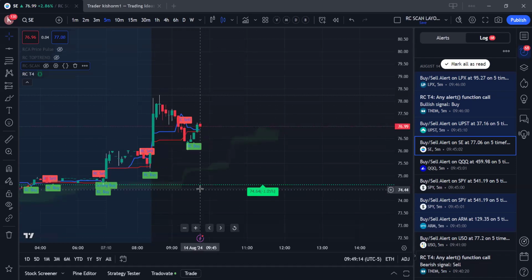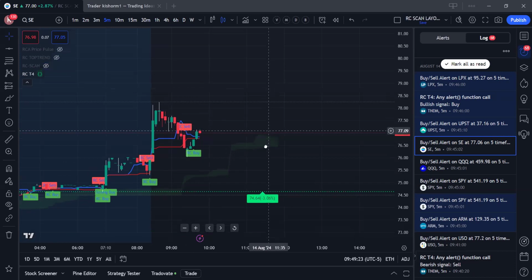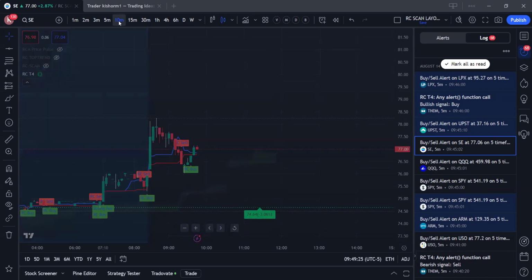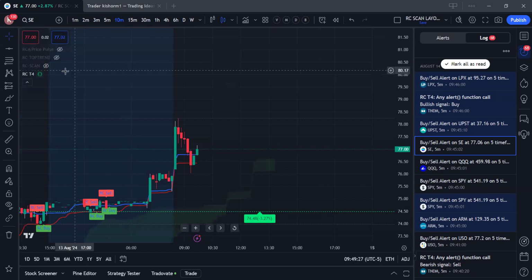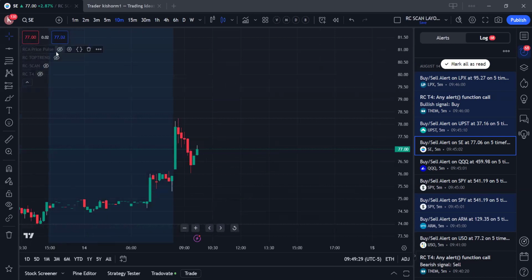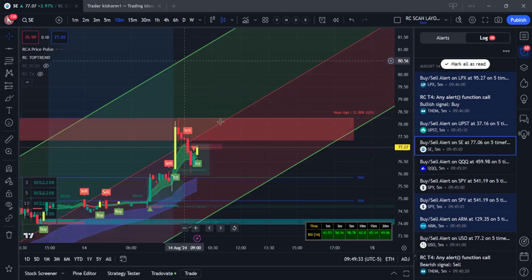So if you're buying the stocks, you can have stop loss around 74.4 something. And your target, it can go all the way till, yeah, it can go minimum till $78 is our minimum target.